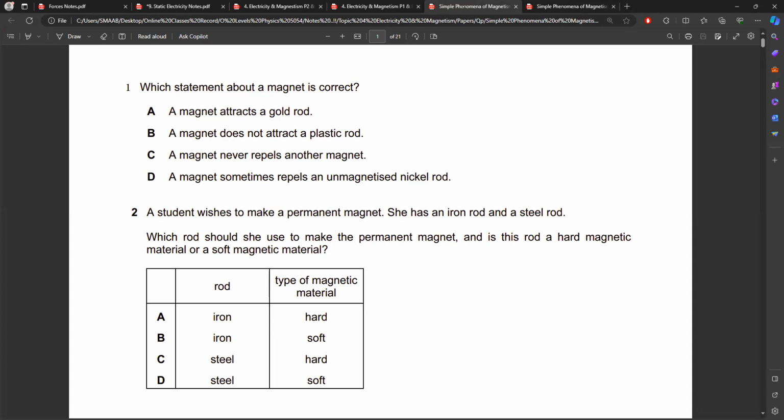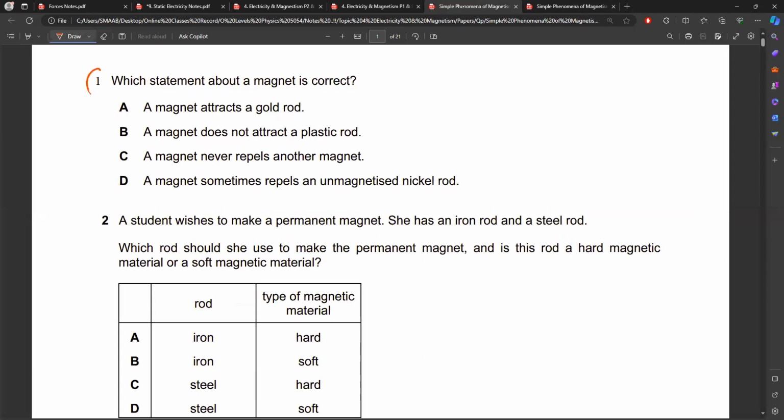Which statement about a magnet is correct? B. A magnet does not attract a plastic rod, right? So basically this is very simple.